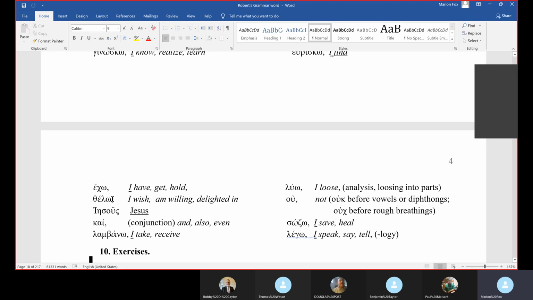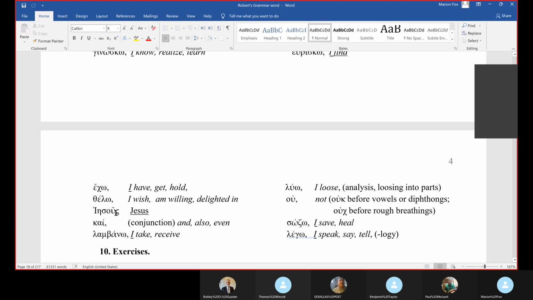Thelō is also a verb, I wish, I'm willing, I'm delighted in something. There's another word, boulomai, an omai verb, a different kind of verb. Thelō and boulomai are synonyms, but they have a subtle difference in meaning, and they're used together sometimes. It really helps in interpreting the passage, but we'll get to those later, not right now.